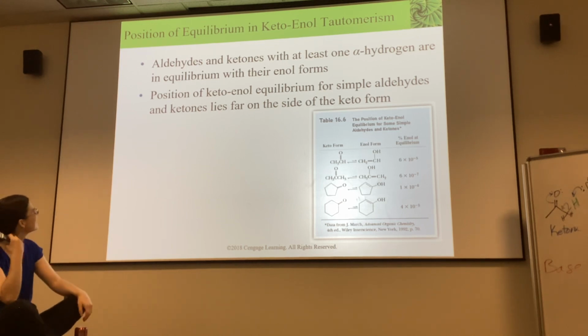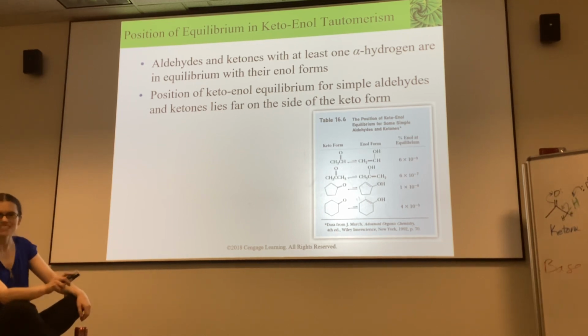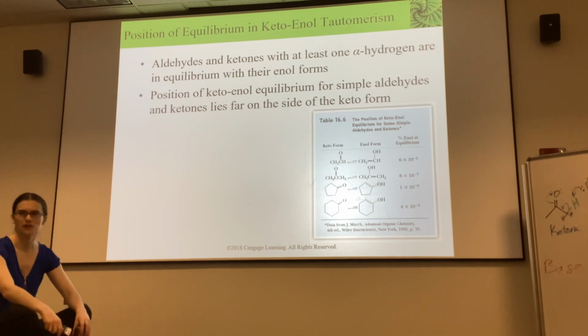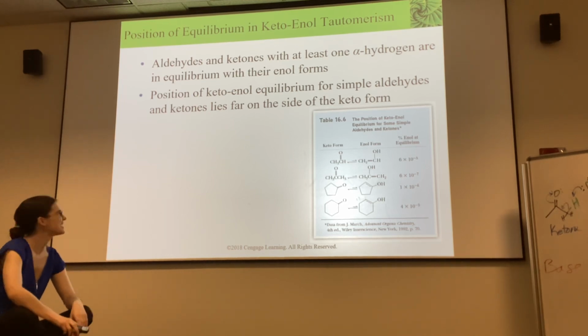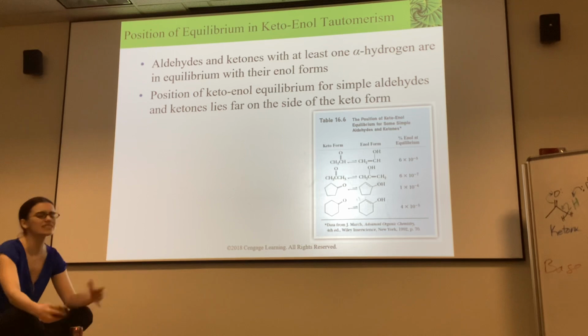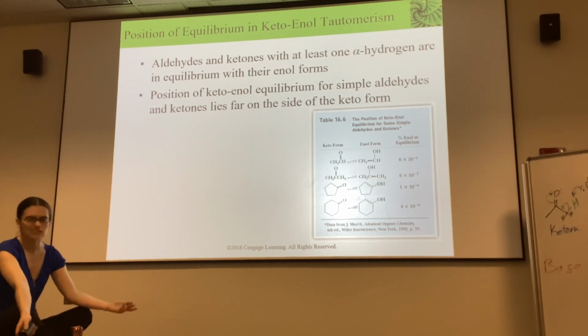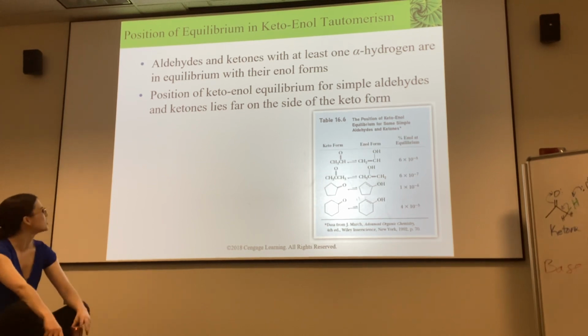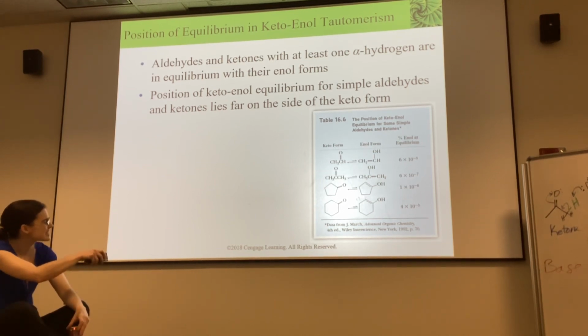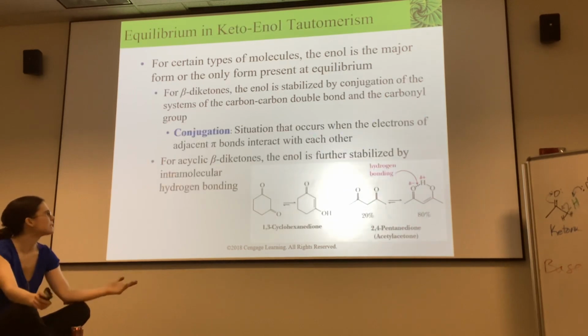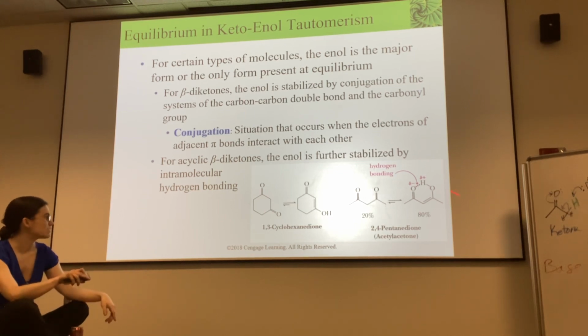I thought for a second I could have sworn while I was reading out loud, I saw left, and I was trying to figure out which way, and then it didn't say left. On the side of the keto form. So basically, ketones and aldehydes, we're not lying to you. Usually they look like ketones and aldehydes. It's not like usually they look like this, and we've just been talking about this the whole time. But sometimes the equilibrium lies to the enol side.